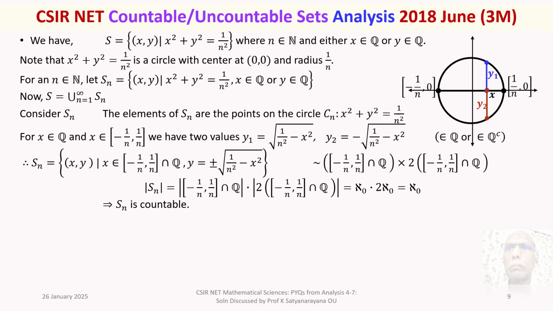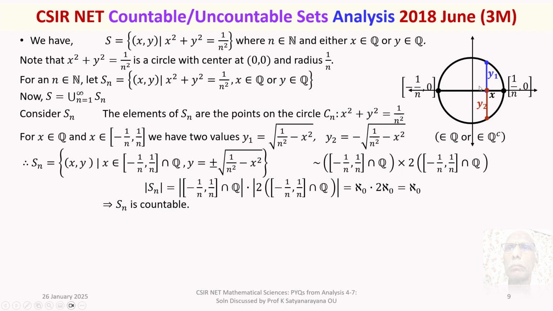Right. Now this time pay your attention: instead of x belongs to Q, you take y belongs to Q. Then y will belong to the closed interval -1/n to +1/n. That means this time you are playing the game on the y-axis.